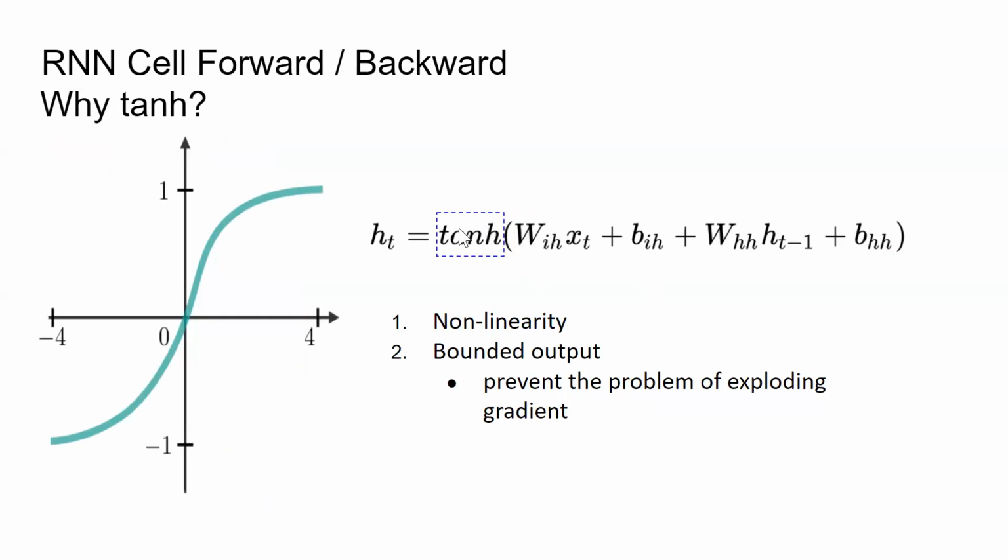And the reason tanh is used instead of ReLU is because tanh is bounded between 1 and -1. This would prevent the problem of exploding gradients that could potentially be caused by an unbounded activation function like ReLU.